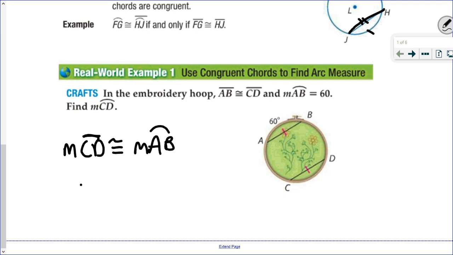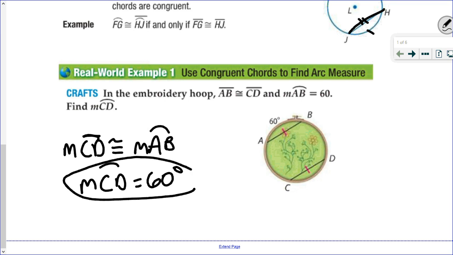So the measure of arc CD is equal to 60 degrees. So that's example one. If the chords are congruent, the arcs are congruent.